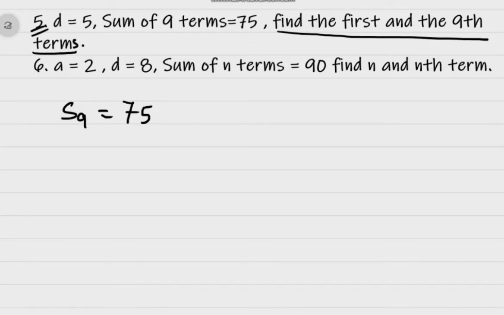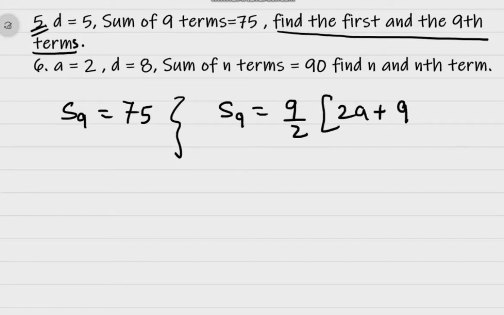Okay. Now see, S9 is equal to 75. S9 means what? S9 means 9 by 2 into 2A plus 9 minus 1 into D. Now see, S9 is given as 75.